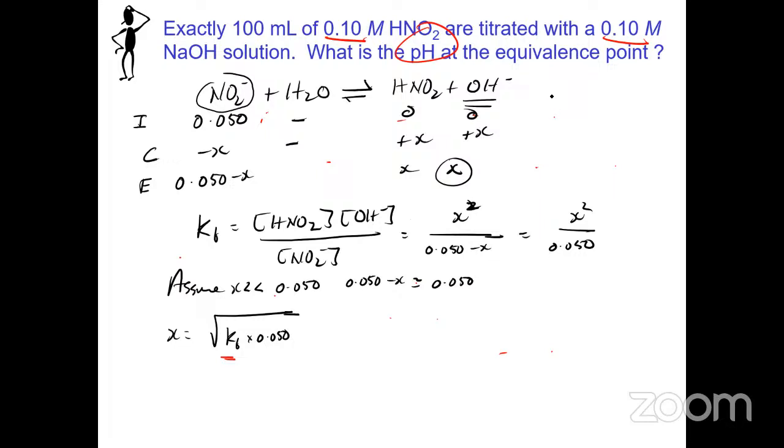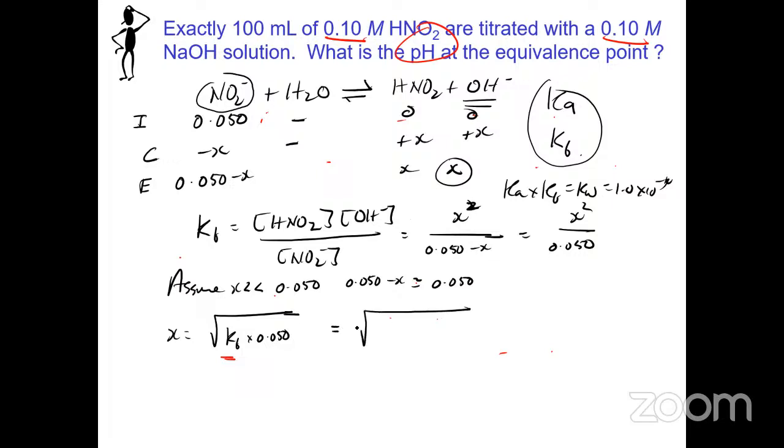Feel free to look in your notes. Ka times Kb is equal to Kw, which is equal to 1.0 times 10 to the minus 14, right? So we can express this as Kw divided by Ka, times 0.050.